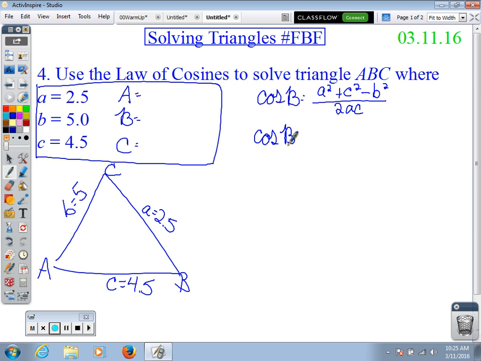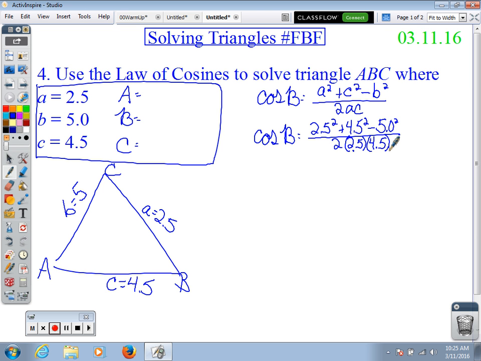And we'll have the cosine of angle B is equal to 2.5 squared plus 4.5 squared minus 5.0 squared, all over 2 times 2.5 times 4.5.